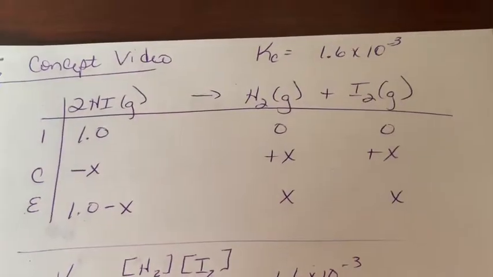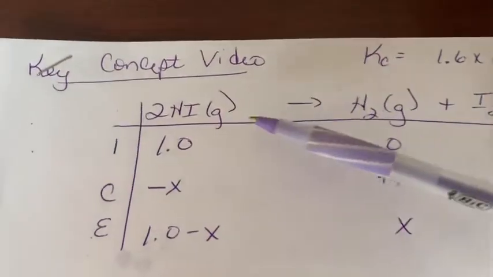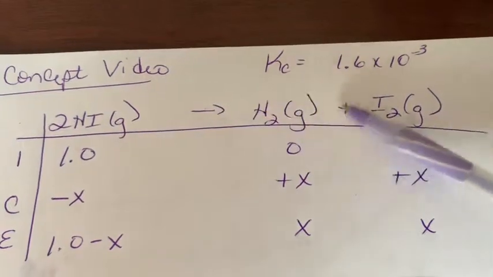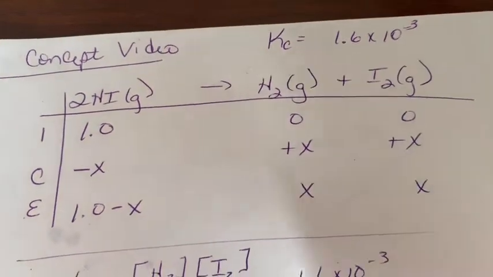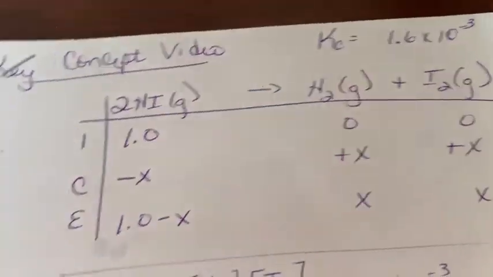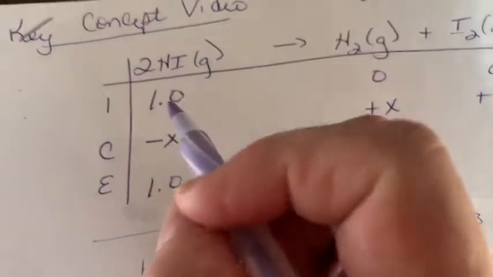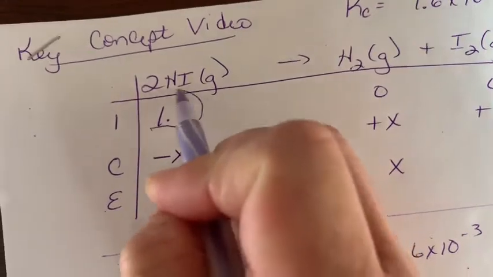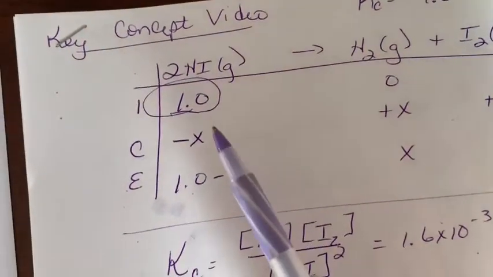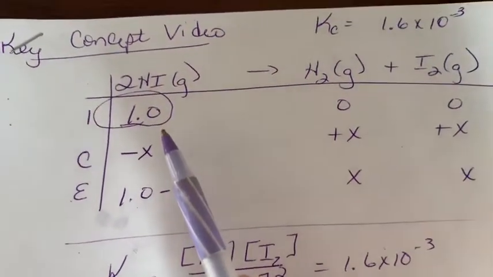Okay. And so what I do for an ice table, I just think it's easier. I write the balanced reaction at the top of my ice table, and then I just fill in all the information that the problem gives me. And really all this problem gave to begin with was the initial concentration of hydrogen iodide, which is 1 molar.